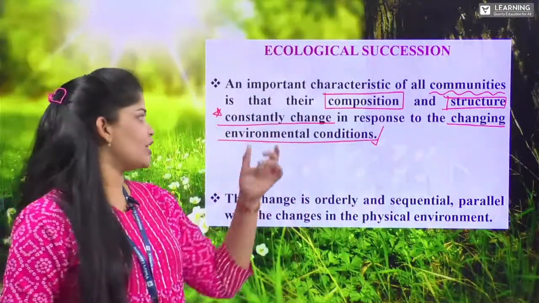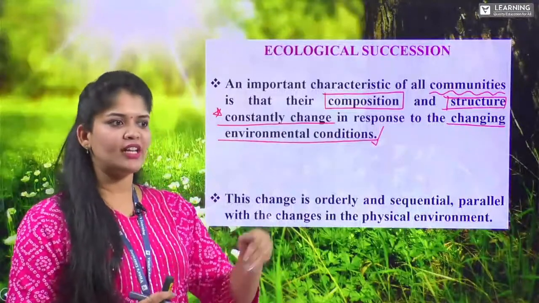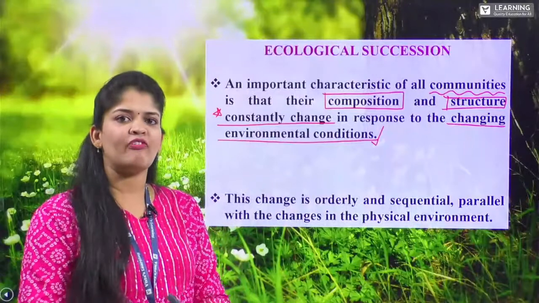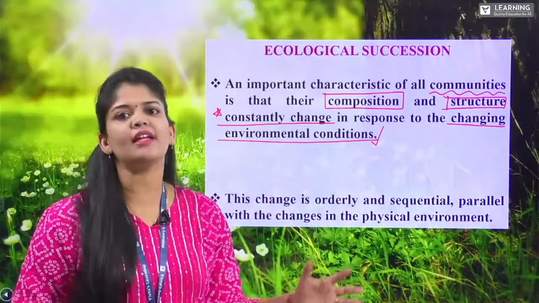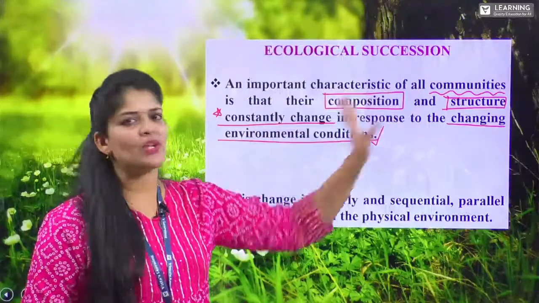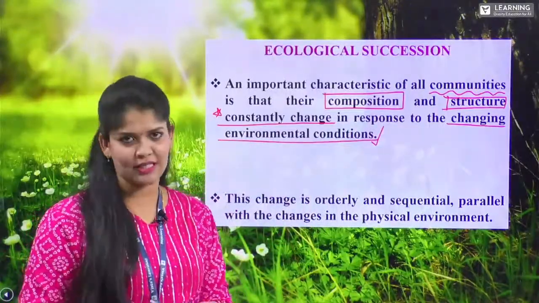Simple. As the environment never remains constant, we find changing environmental conditions. These changing environmental conditions regulate the changes, and therefore composition as well as structure keep on changing. They will never remain constant.